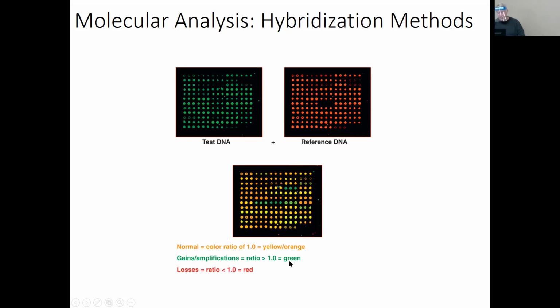Gains in amplification go to green, and then losses go to red. So this is how we would go about reading and looking for whether there was something wrong with the cell, okay? The green one means the cell's doing more than normal, so out of control, if you want to put it that way. So it's a good way to look for abnormal cells, right?